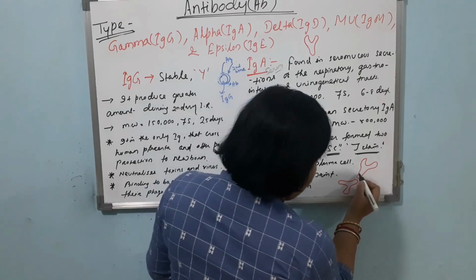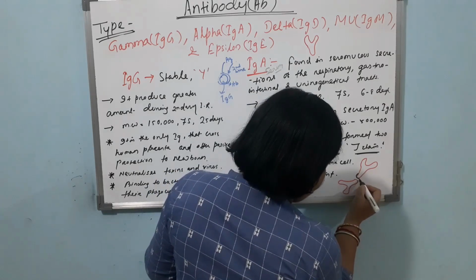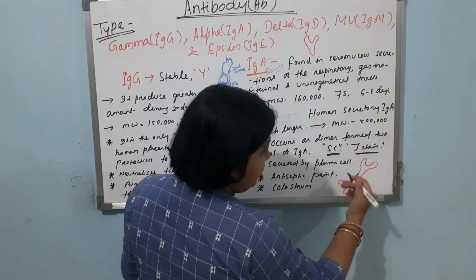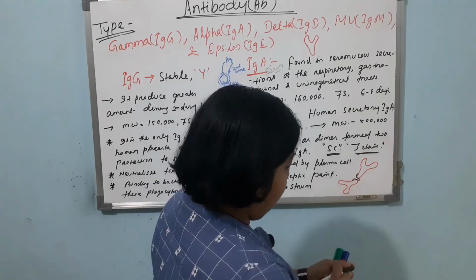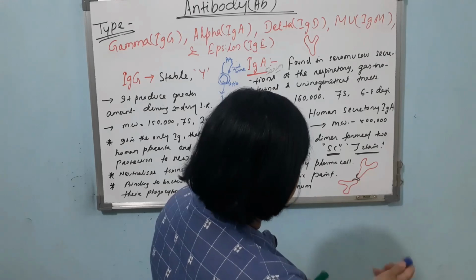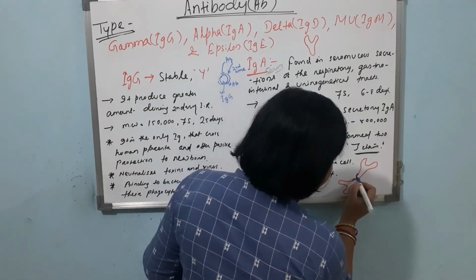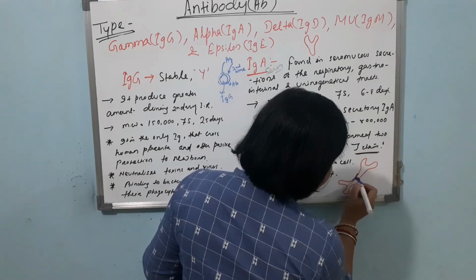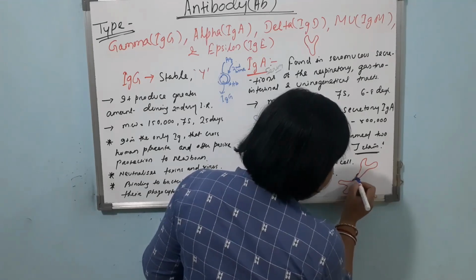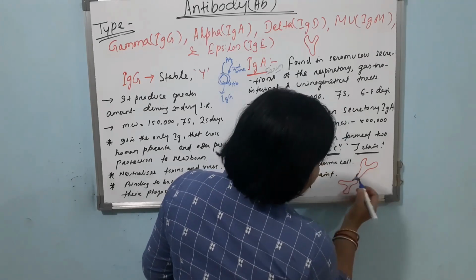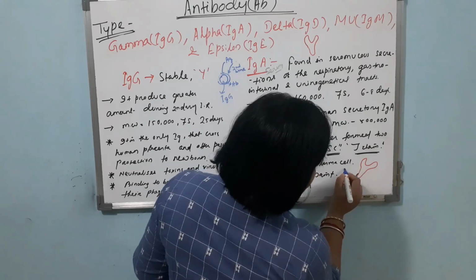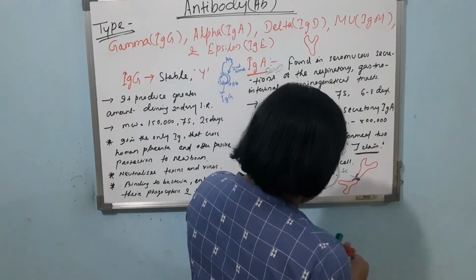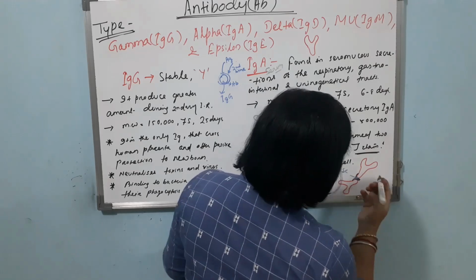So this is the J chain, which helps to bind the monomers, and this is the secretory component, which can seal both monomers at the J chain part.